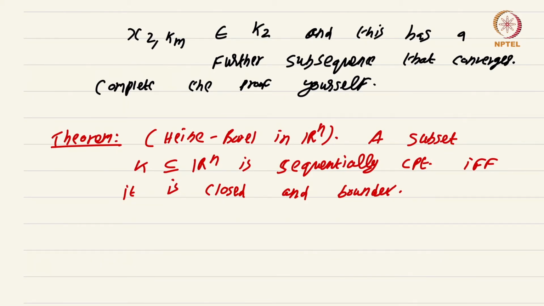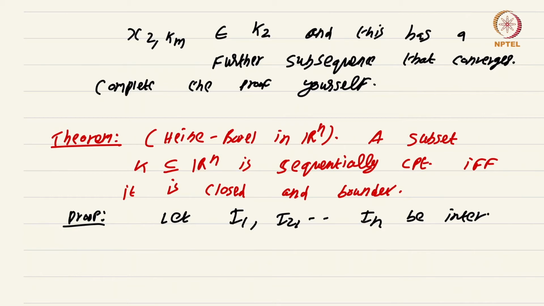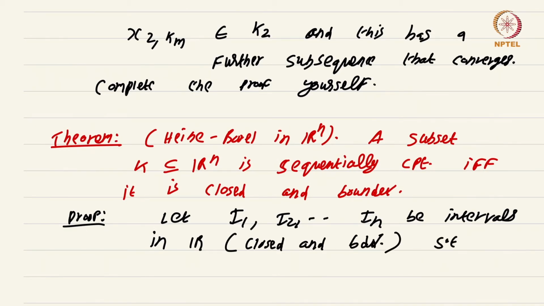What you do is, proof: let K be closed and bounded. Let I1, I2 ... In be closed and bounded intervals in R such that K is a subset of I1 × I2 × ... × In, the Cartesian product.